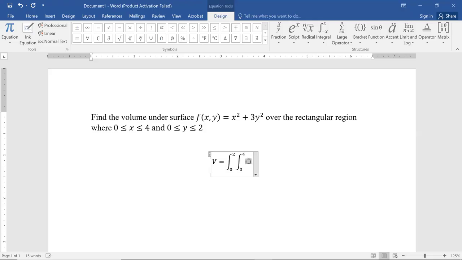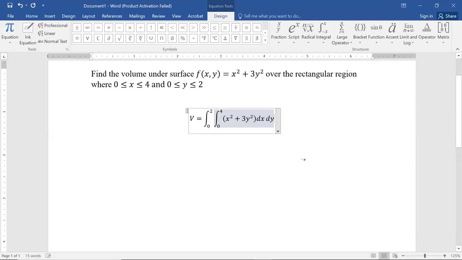I'm going to integrate that function first from 0 to 4, which means I'm integrating with respect to x first. And then I'll integrate from 0 to 2. That means I have to integrate with respect to y second.